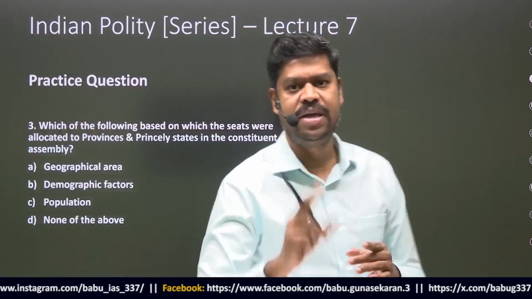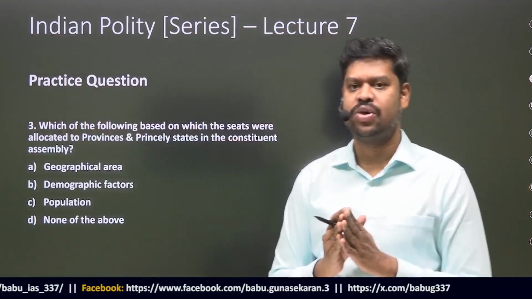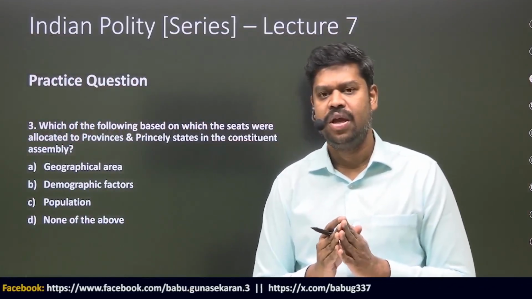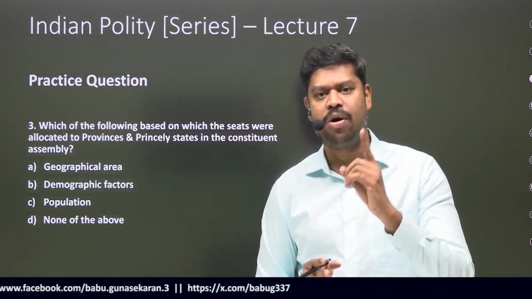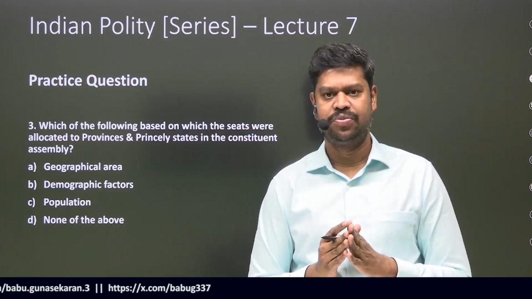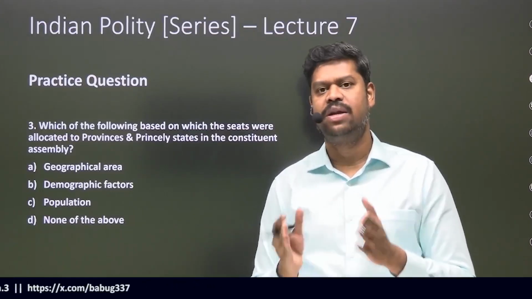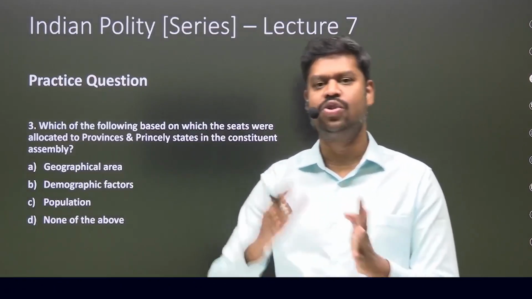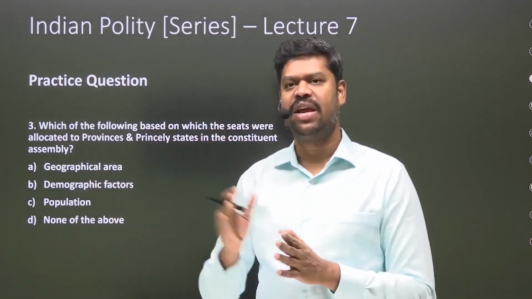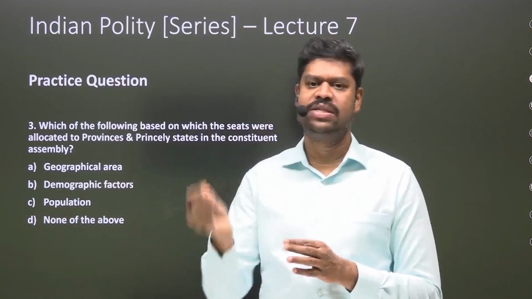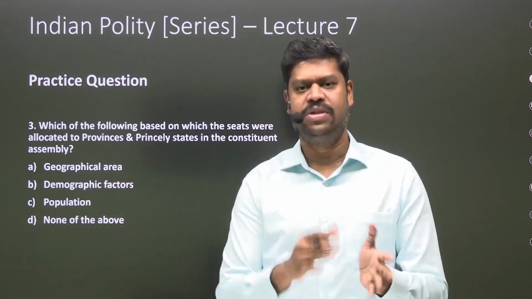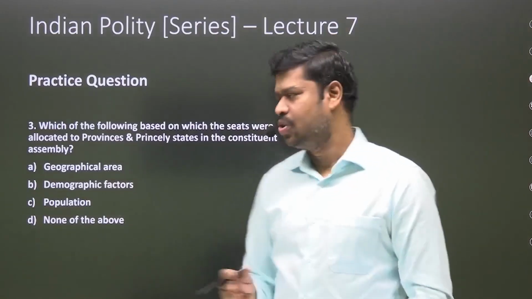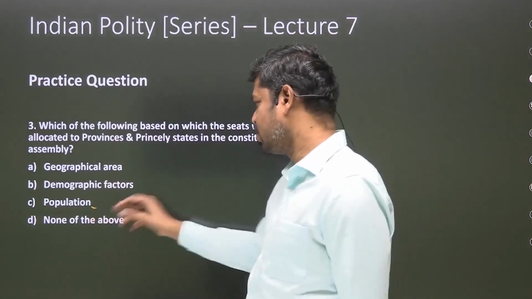And what is the basis on which this representation is to happen in the Constituent Assembly? It was to be on the basis of population. That is the design. And approximately, the population is usually on the basis of 1:1 million. That means for every 1 million population, 1 seat was given to the provinces or the princely states. So what is the answer here? It is basically on the basis of population.